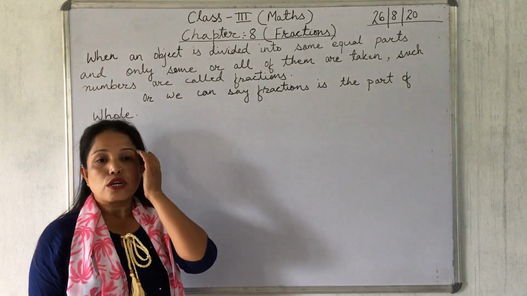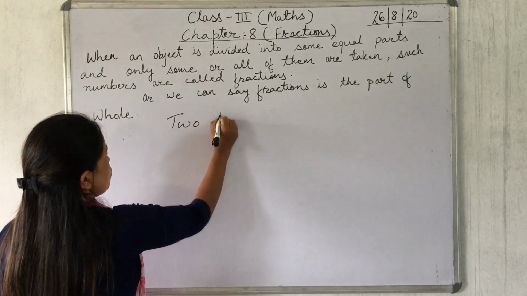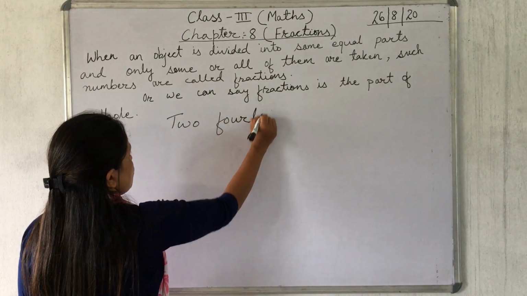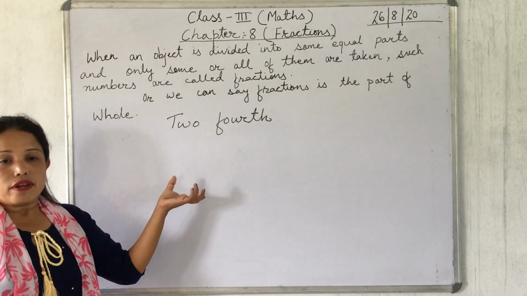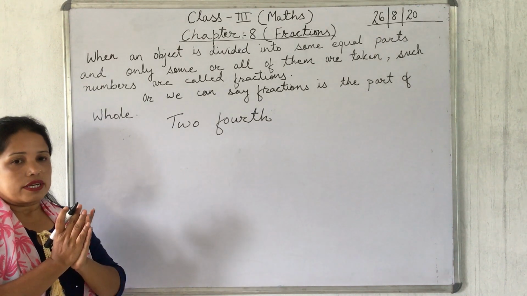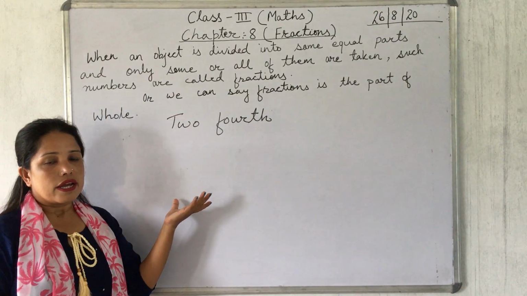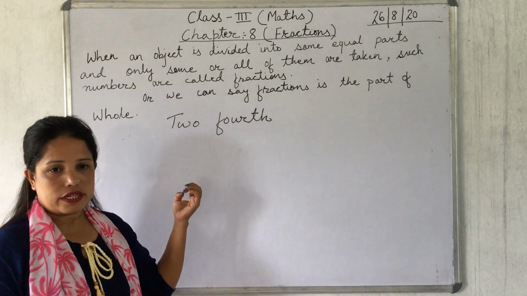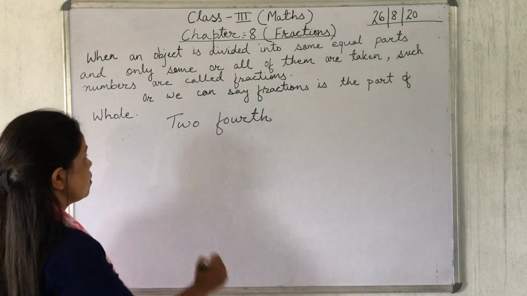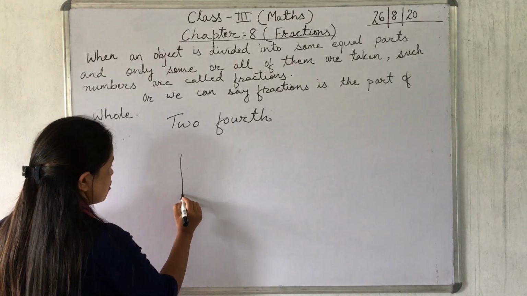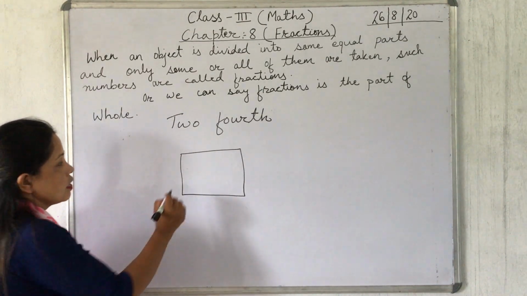So, next one is 2/4. When an object is divided into 4 parts and 2 parts are shaded, this is called 2/4 of an object. For example, this is a figure.